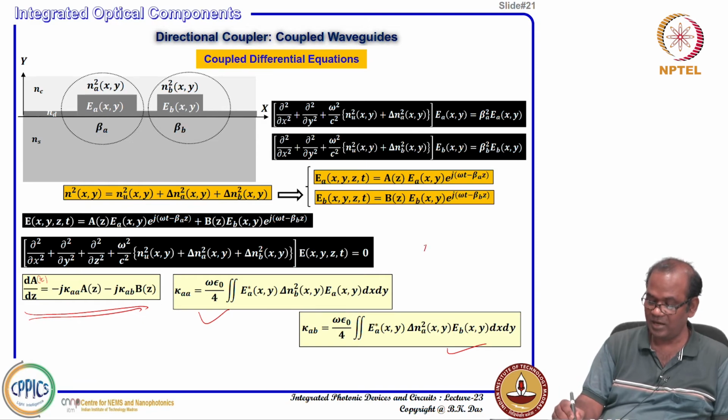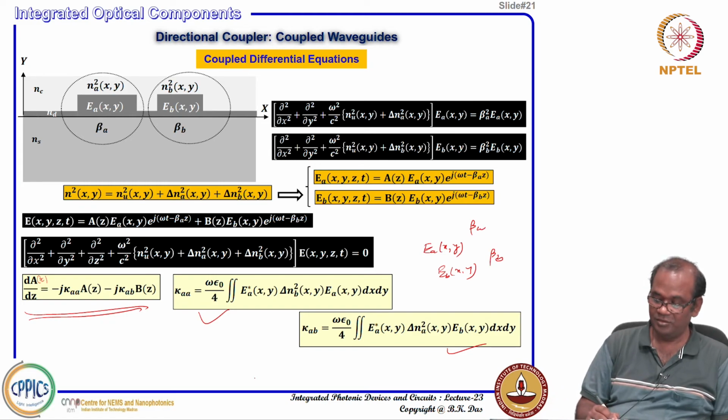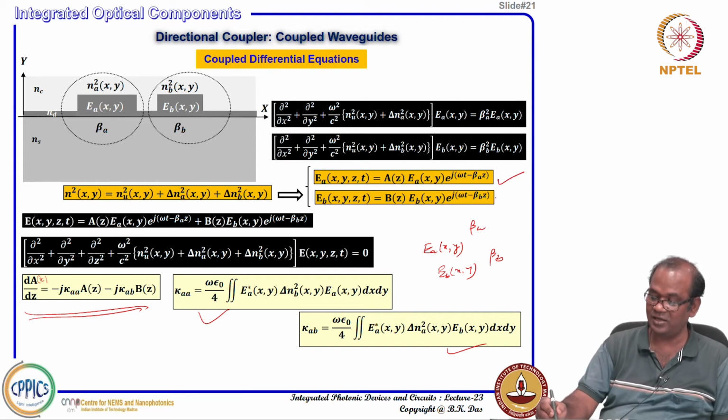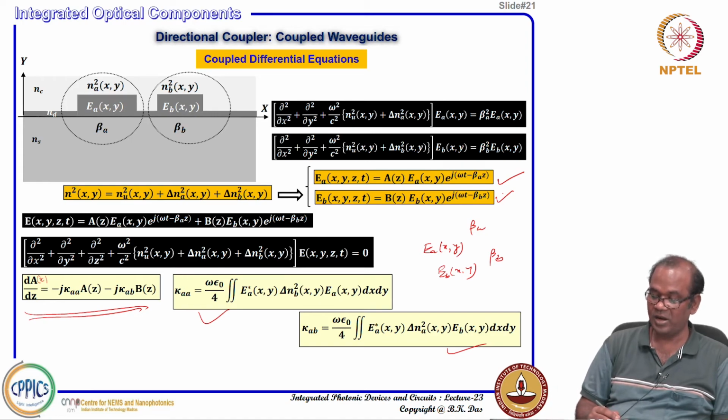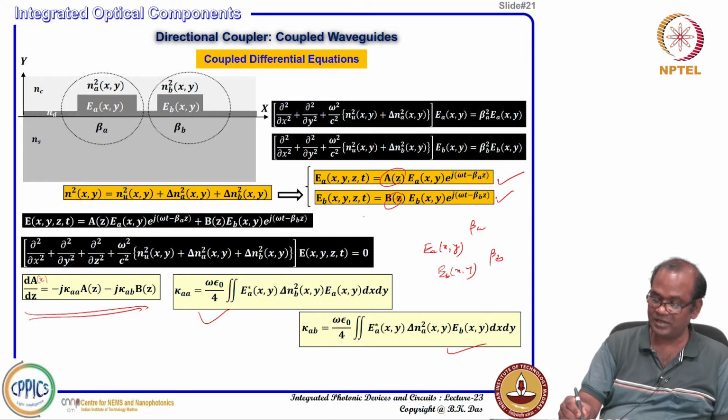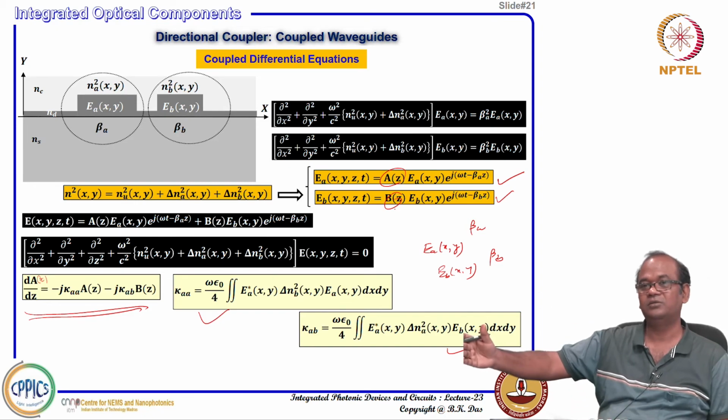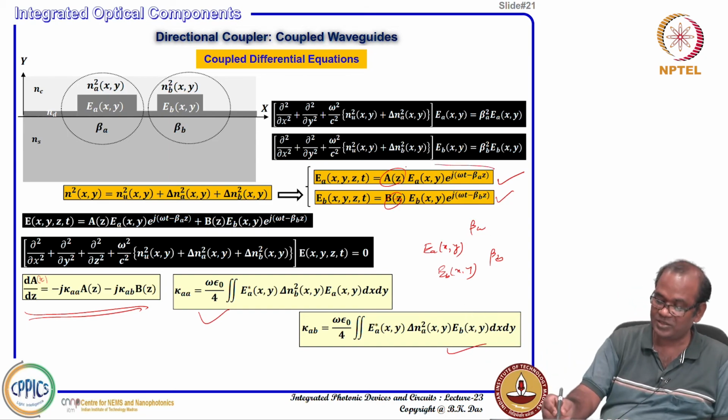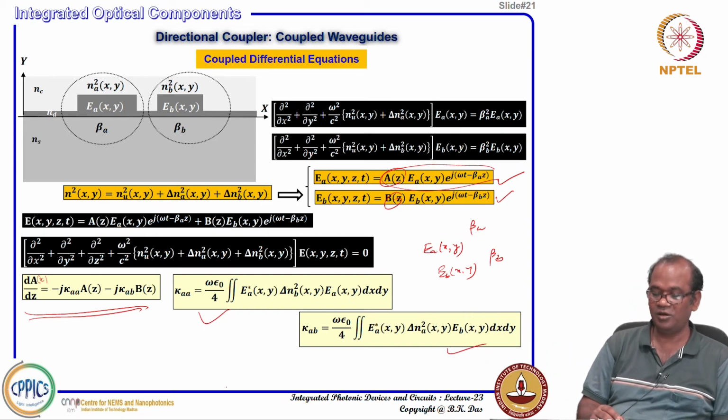Obviously, I know how to calculate using the full vectorial method; E, H, x, y are known, and we also know the propagation constant for waveguide A and for waveguide B. Then I have defined that the mode field in waveguide A is like this and the mode field in waveguide B is like that. A(z), B(z) I need to solve, then I can get at every point along the direction the total field strength associated with waveguide A.